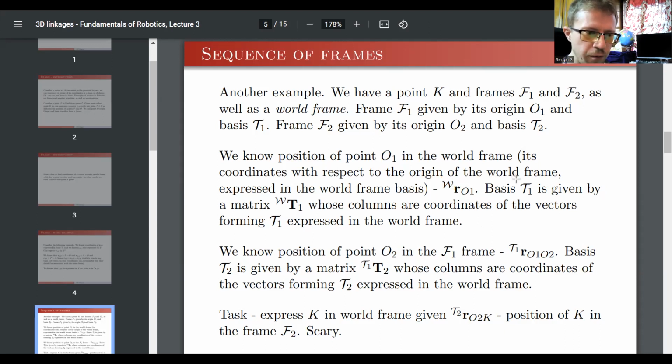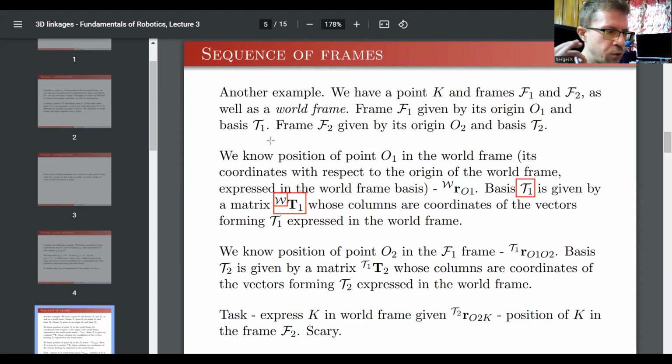Now, basis T1 is given by matrix T1, whose columns are expressed as vectors in the world frame as well. So notice omega here. For the first frame, we know its origin in terms of the world frame, and we know its orientation in terms of the world frame.